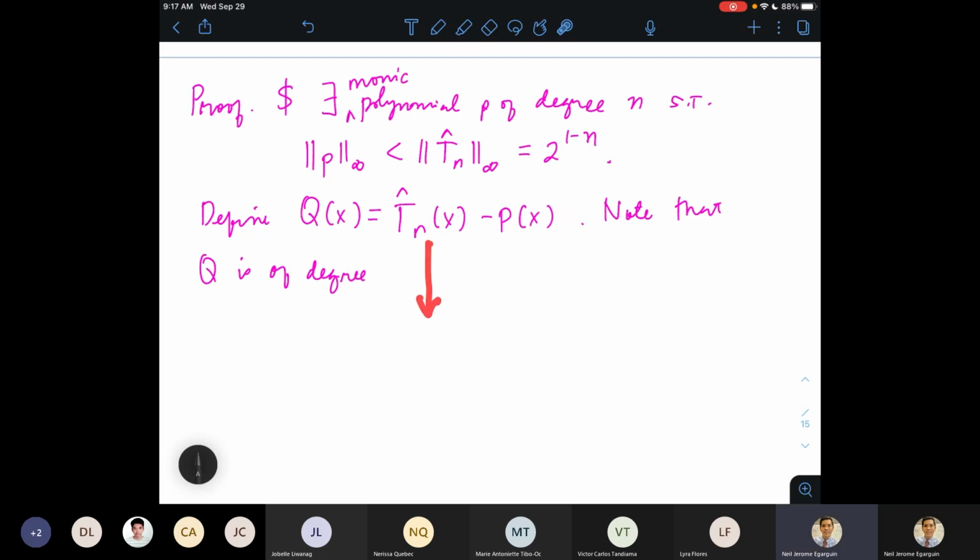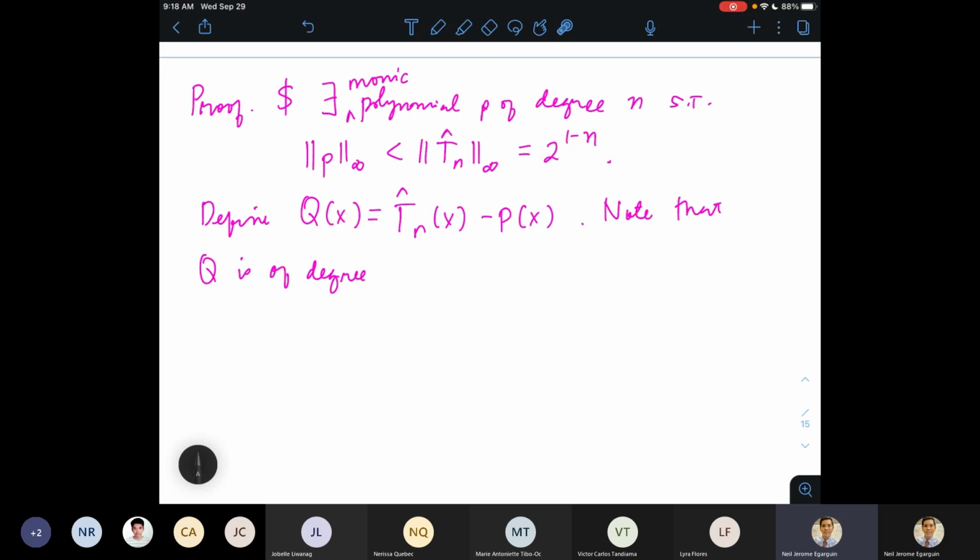So ibig sabihin, ang leading term kay T hat sub n ay x to the n. Leading term kay p, dahil siya ay degree n at monic din siya, meron siyang x to the n. So q then will have an expression like x to the n minus x to the n. So ibig sabihin, maka-cancel yung terms na x to the n kay q.